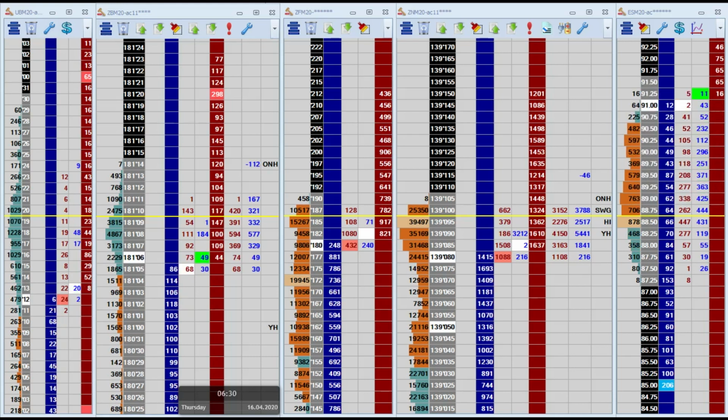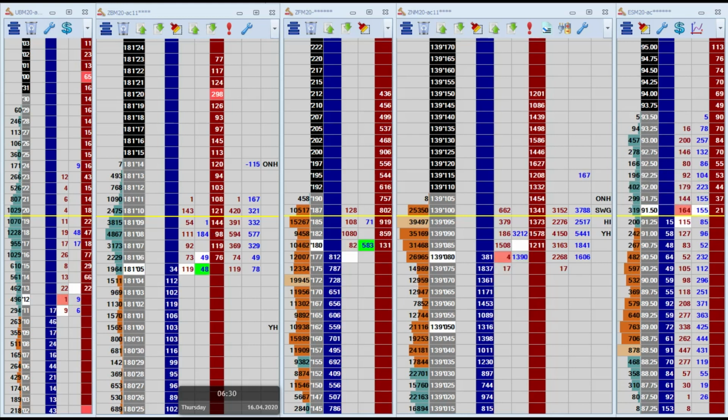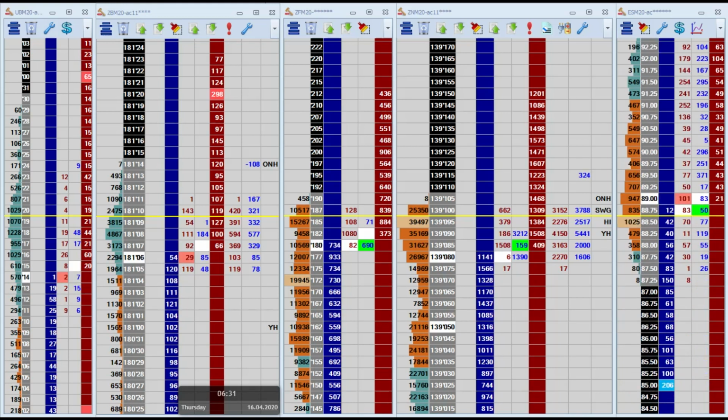We had Fed balance sheet at 1:30, but market will be closed by then, so that's not a mover. We have Bostic speaking at 8 a.m. I don't know if he's a mover either, but we'll see. So that's all on the calendar. Tomorrow there's pretty much nothing.